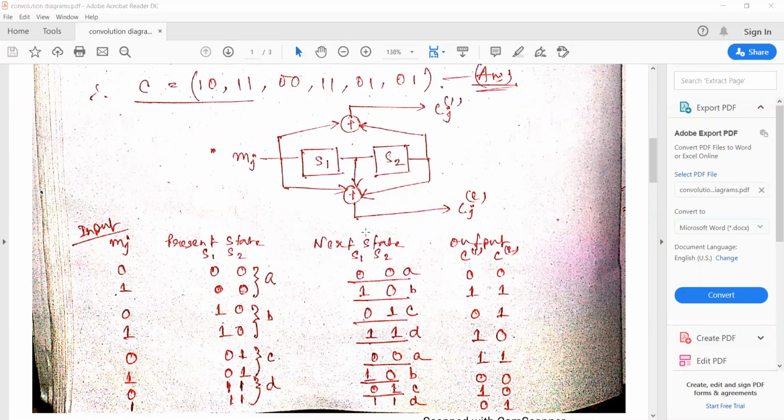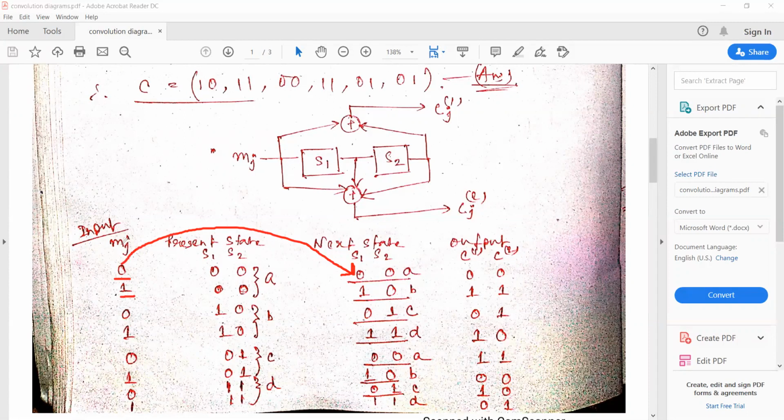So what will be the next state? From the previous lecture, you have already know that when a new bit comes to the message position, the previous bit of the message will be right shifted to S1, and that will be the next state of S1.